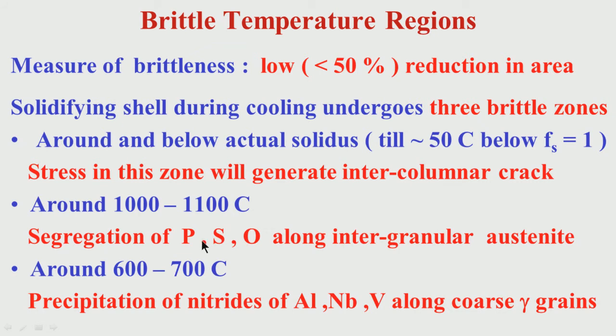Here phosphorus, sulfur and oxygen, some of them surface active, are going to segregate to the intergranular austenite. That means whatever austenite grains have formed in this temperature region, you have only austenite grains.